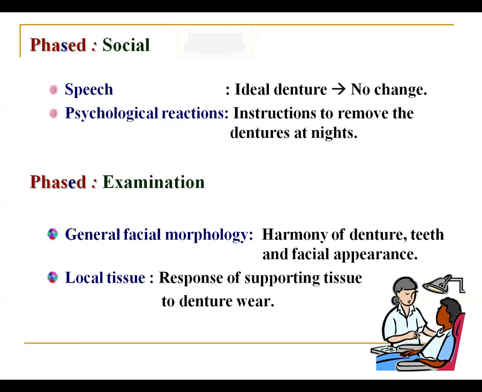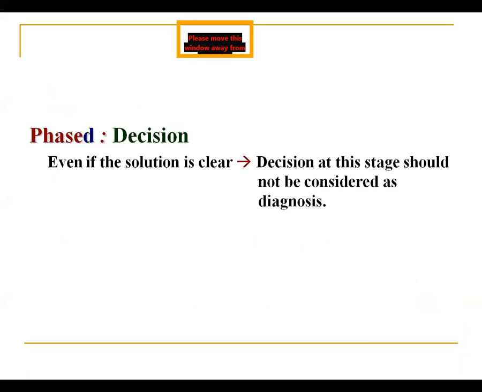So all topics from recording history to dealing with post-insertion problems are linked together. As far as examination of local tissue is concerned, we have to check the local tissue response of supporting tissue to the denture. We will see that afterwards.